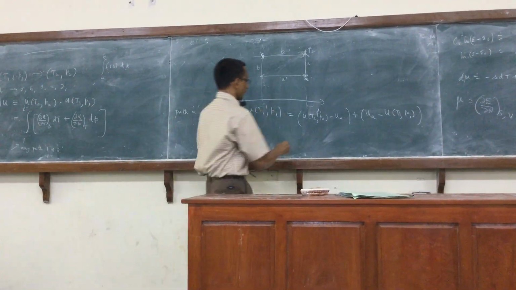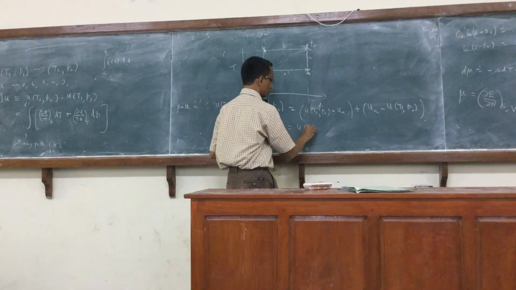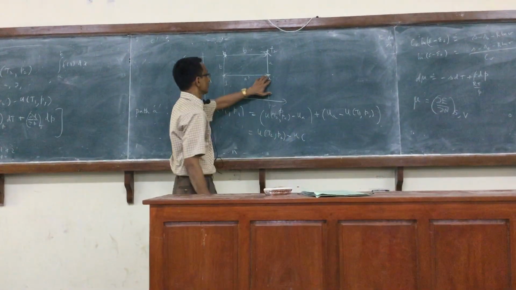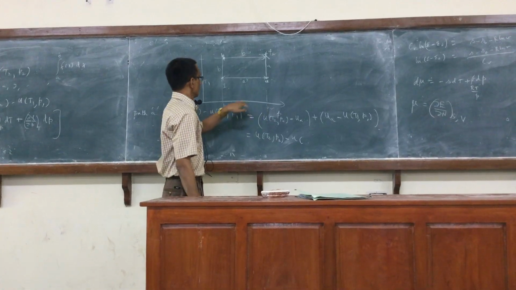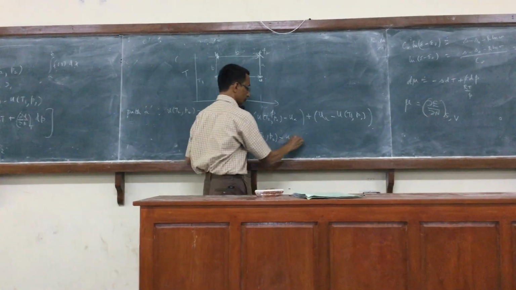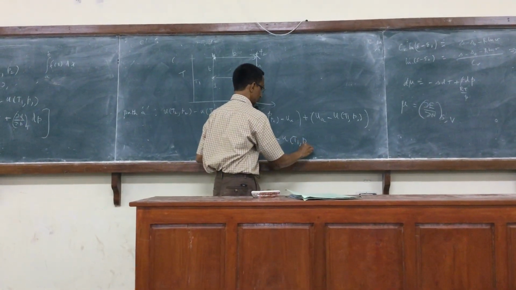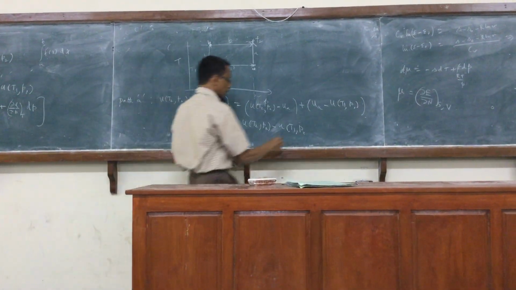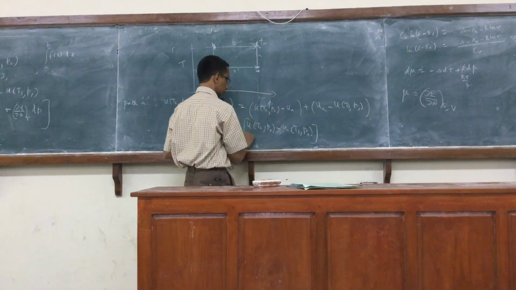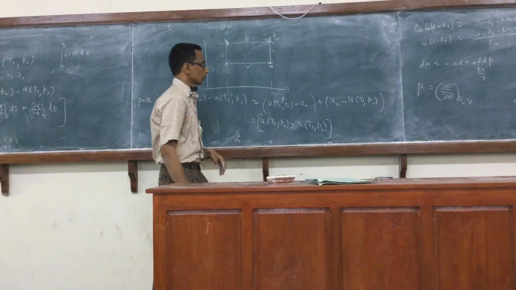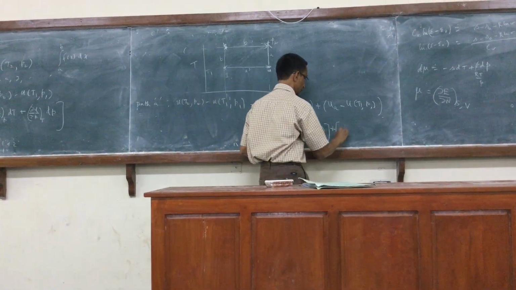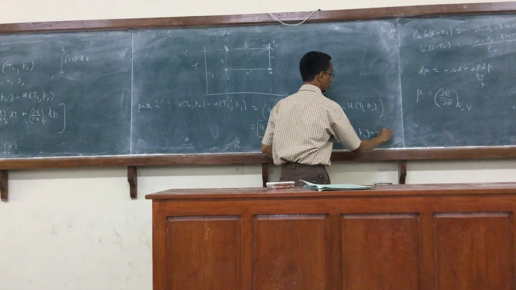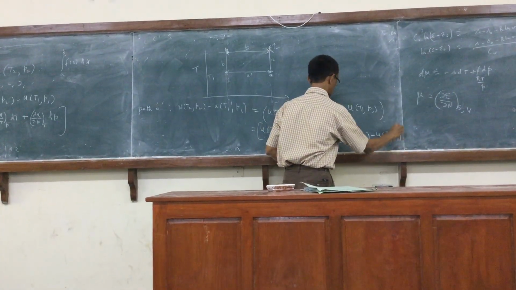So what is UA? It is U of T1, P2. So this is U of T2, P2 minus U of T1, P2, plus again U of T1, P2 minus U of T1, P1.